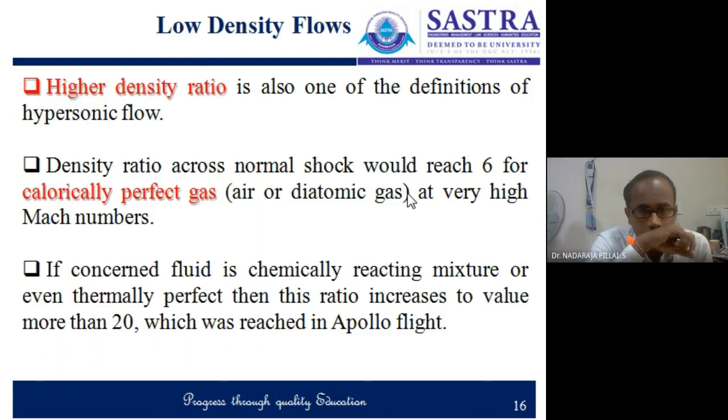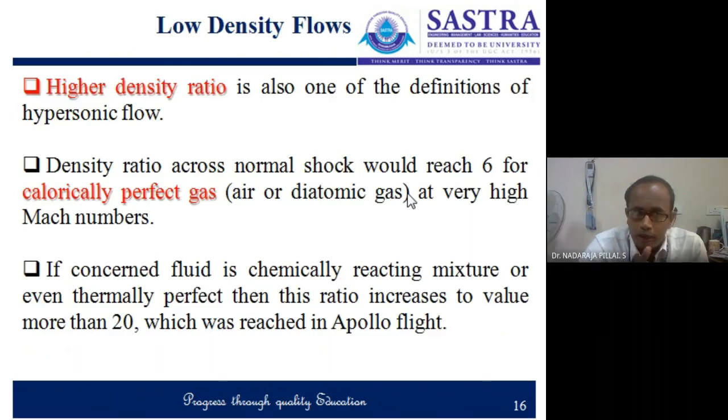And for a calorically perfect gas, at high Mach number, the density ratio ρ2 by ρ1 is very high. So we consider, say, it would reach up to 6, right? If the fluid is a chemically reacting mixture or even thermally perfect, then the ratio increases to a value of 20, even in the case of Apollo flight, right?